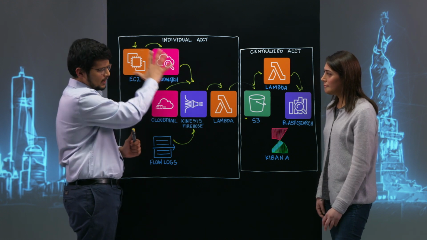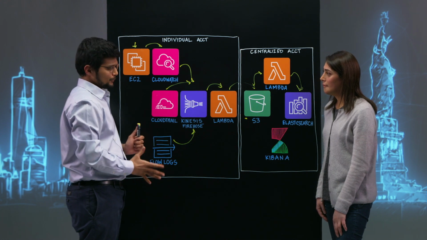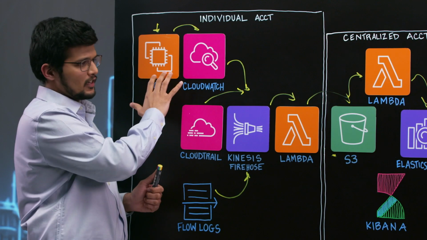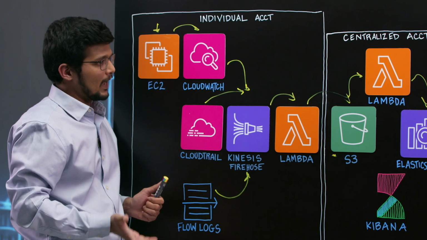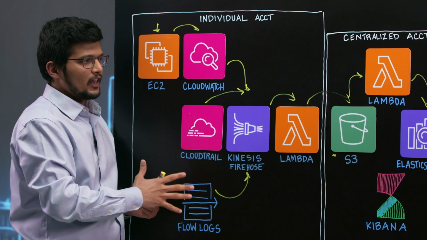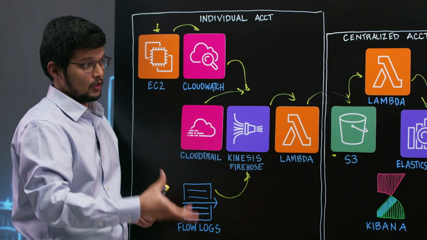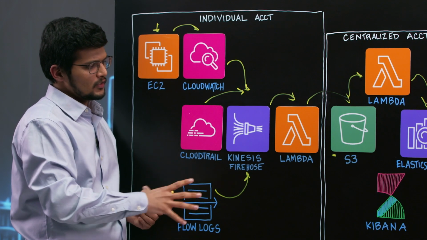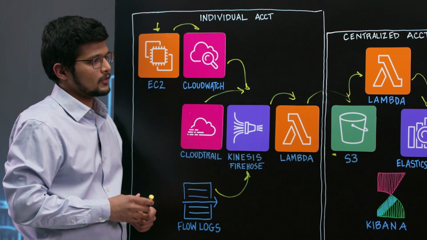Once that is identified, we have to locate which account that EC2 instance belongs to. We then SSH or RDP into this EC2 instance and look through the application logs, correlate that with the VPC and the CloudTrail logs and then come to a conclusion about what is causing the problem. So pretty tedious and time consuming, but that was what was used in the past.